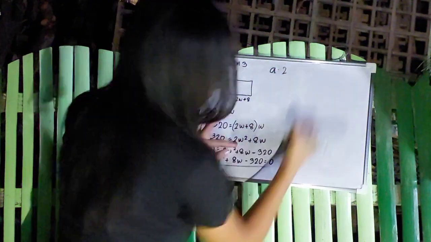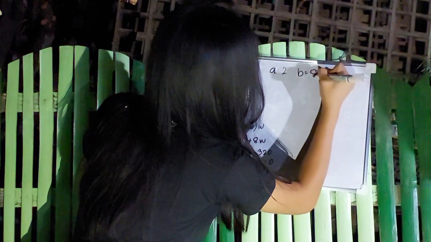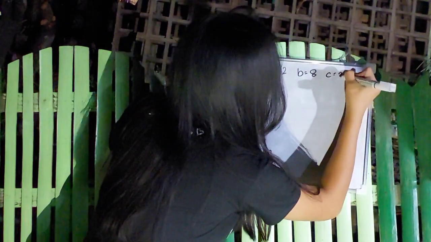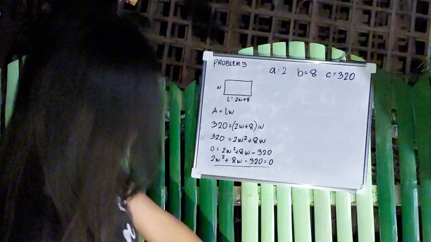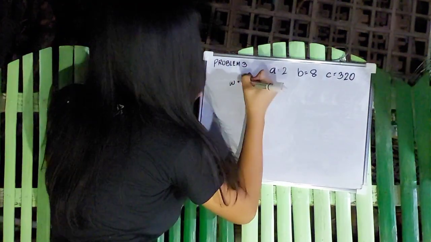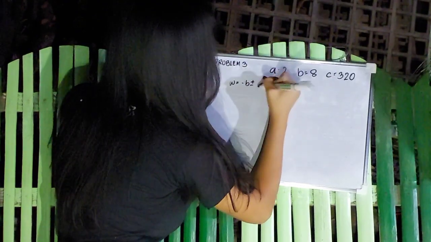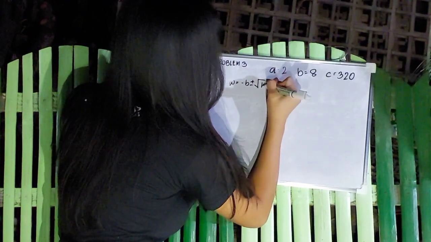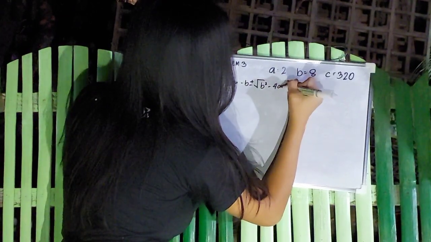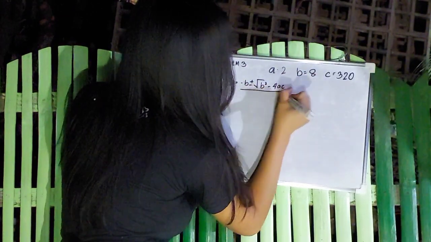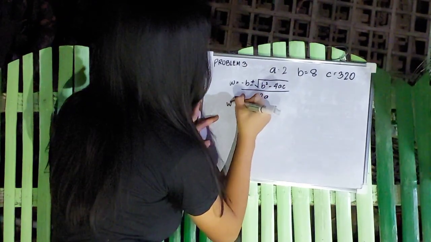Now let us determine the values of a, b, and c. So a will be 2, b will be 8, and c will be negative 320. So let us now write the quadratic formula: negative b plus or minus square root of b squared minus 4ac, over 2a. Now let us substitute the given values.